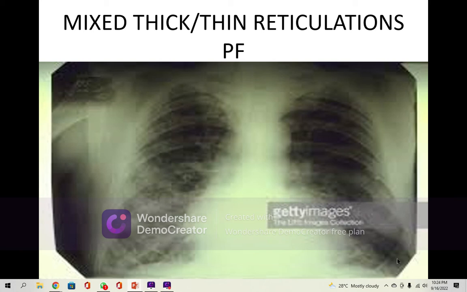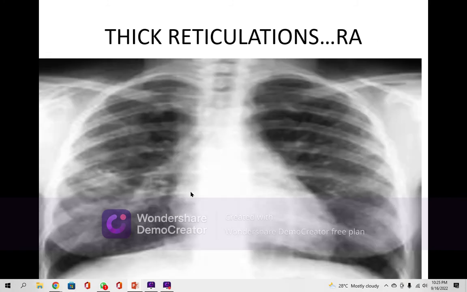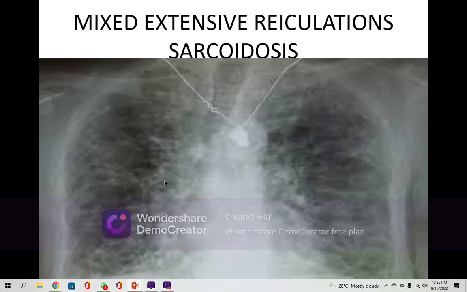They are not bronchovascular markings. When you look at the direction, there is no direction. Thick and thin septa are seen. Interlacing reticulations, thick reticulation. Again, see, mixed extensive reticulation. This is a mixed type of picture. And this is stage 4 of radiological sarcoidosis.